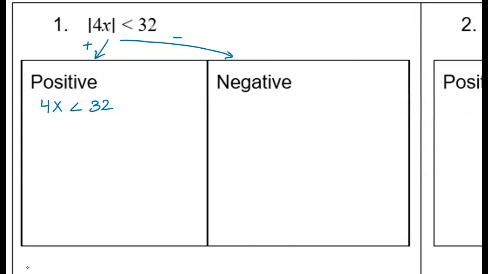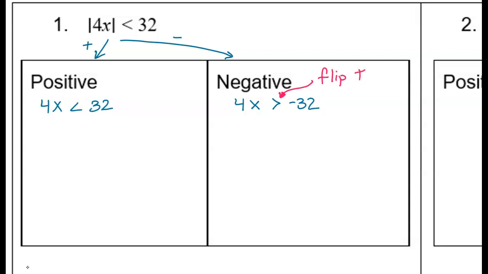When I'm creating my negative, I do the same thing at first. I write down 4x, but then I change that 32 into a negative 32, and we have to flip the inequality sign. So it's no longer going to be a less than symbol. We now have to flip it to be a greater than symbol.